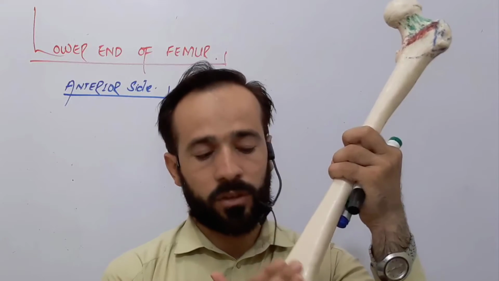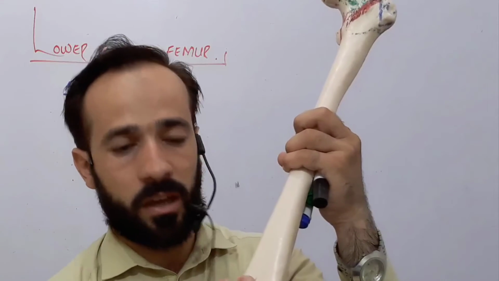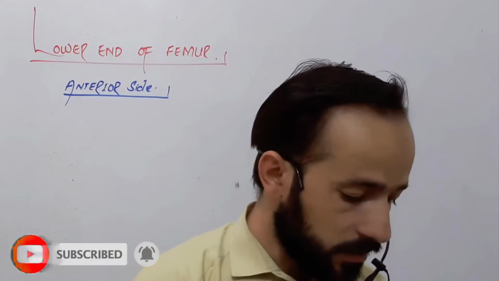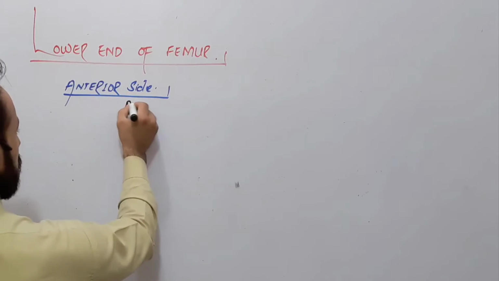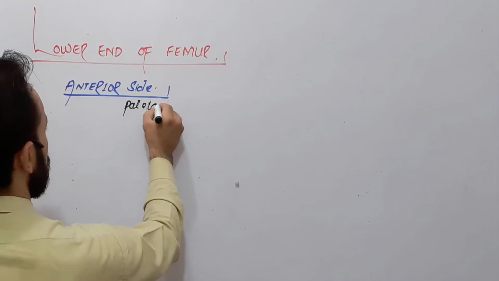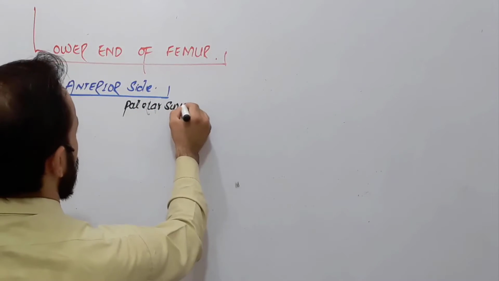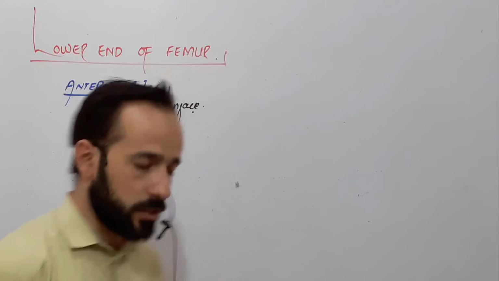So the patella bone is present here. That's why we say that this anterior side has a very little depression for patella. That's why we say that this side has a patellar surface. Right friends. Now let us go towards the posterior side.